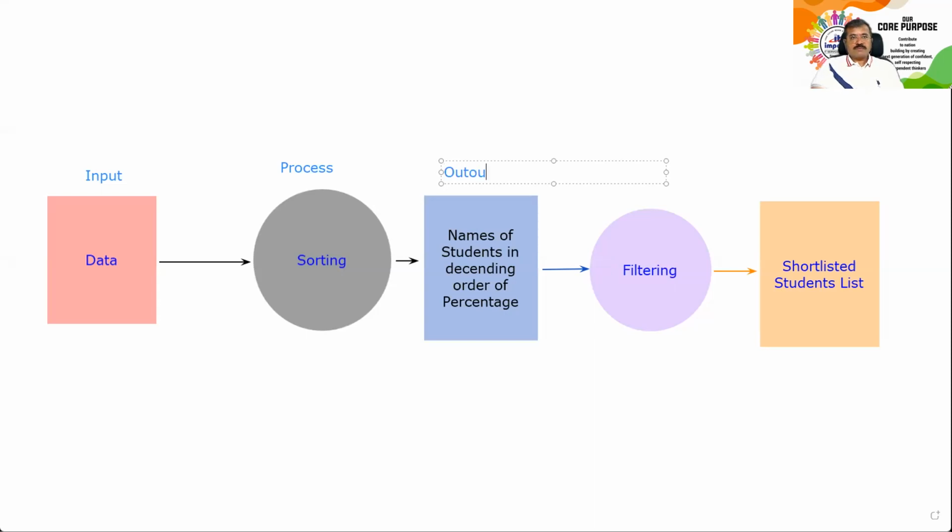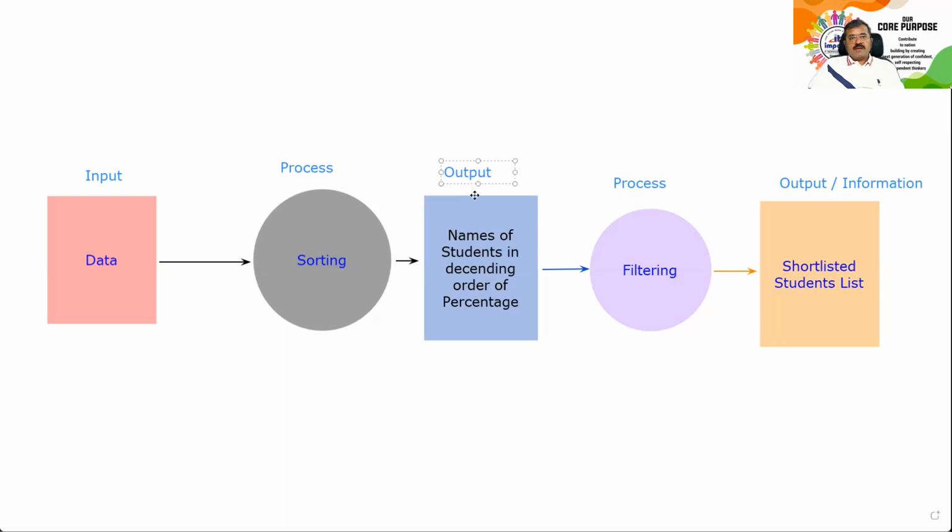This is output. And then this is again another process. And then what we have over here is again output. Let's say information. And this was also information.